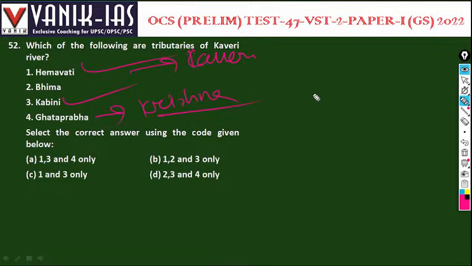It's not a tributary of Kaveri River, right? Bhima is a tributary of Krishna River. So Ghataprabha and Bhima are Krishna River tributaries, and Hemavati and Kabini are Kaveri River tributaries.